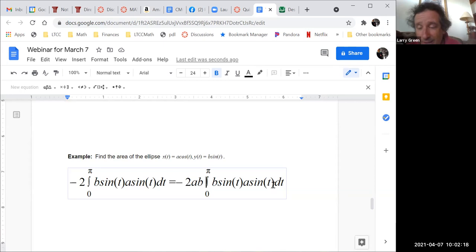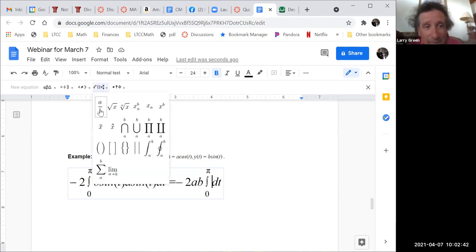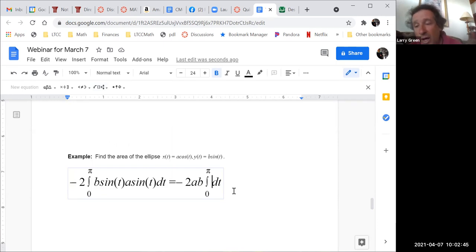Who remembers the double angle formula, or the half angle formula for the sine squared? So you may not remember it. Is it cosine squared plus 1? No, there's 1 minus cosine squared, but that's not going to help us at all, because then we still have cosine squared, which isn't easy either. So again, it's a trig formula. You may or may not remember it, but the sine squared of t is 1 minus the cosine of 2t, all over 2.